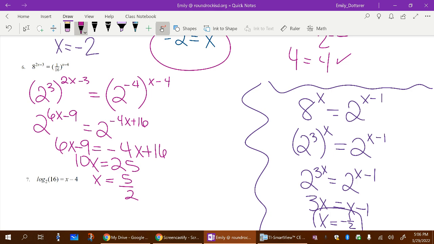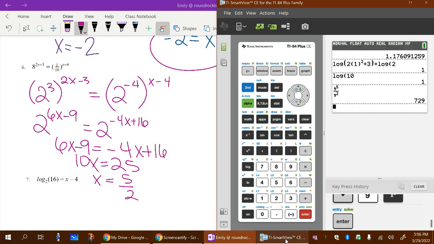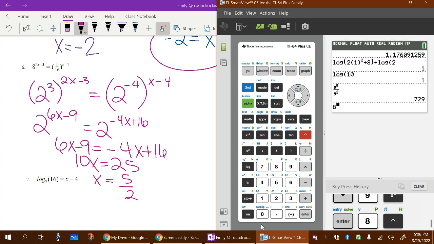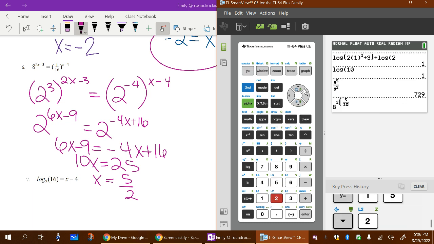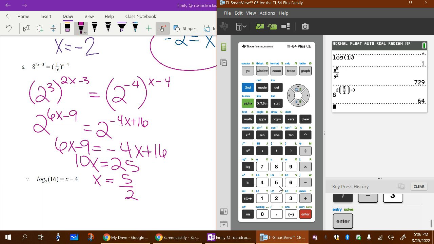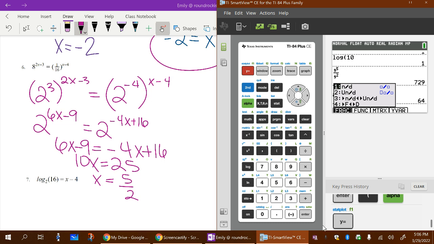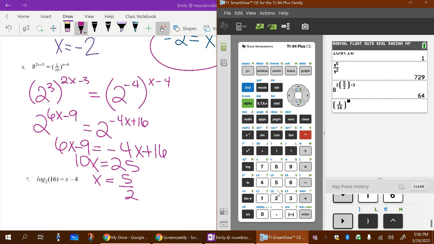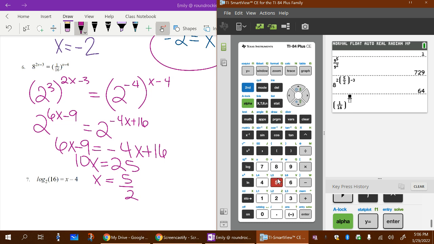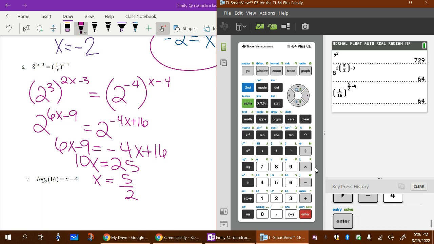Okay, verify that. Okay, we got 64, so as long as we get 64 from doing the other side, we're good to go. And we did. So our answer is 5/2.